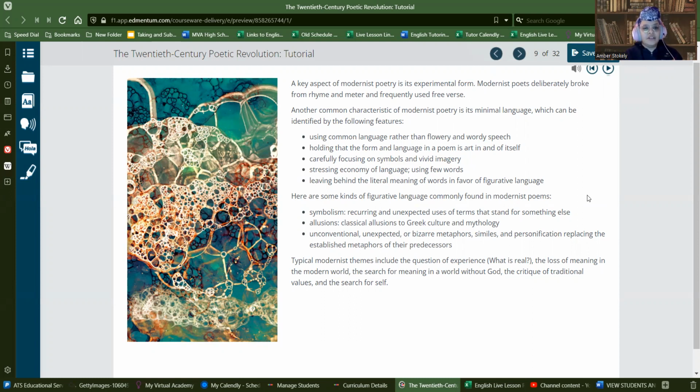And this last section, it just says replacing the established metaphors of their predecessors. So basically, there are certain comparisons and metaphors that were popular in older times.